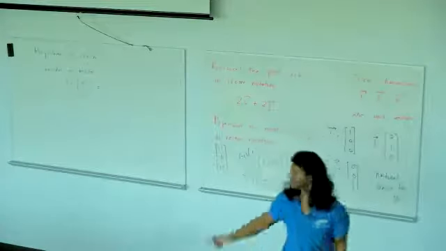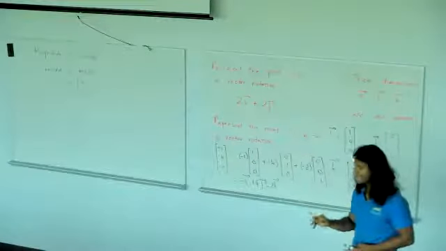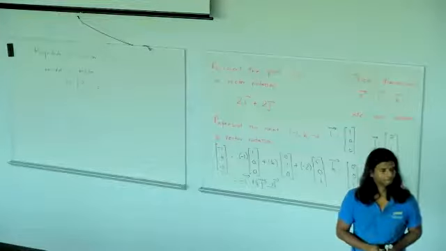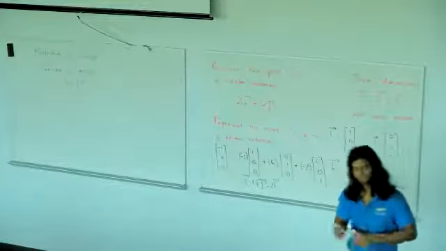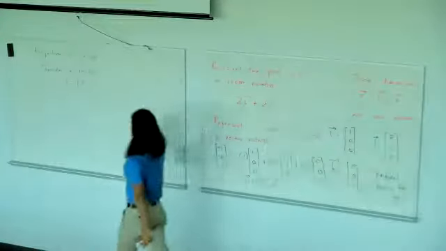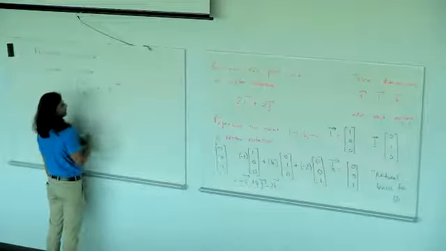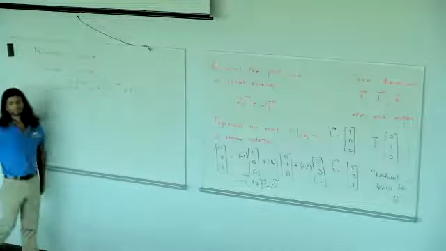So I want you to write A, B in terms of I, j. What would it be? So A I plus B J. A I vector, plus B j.